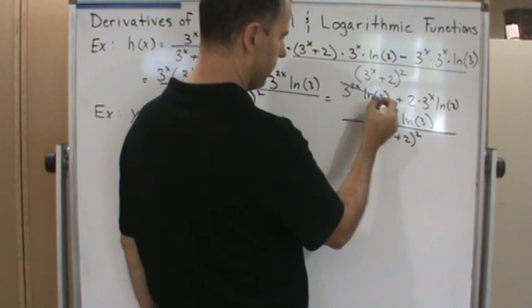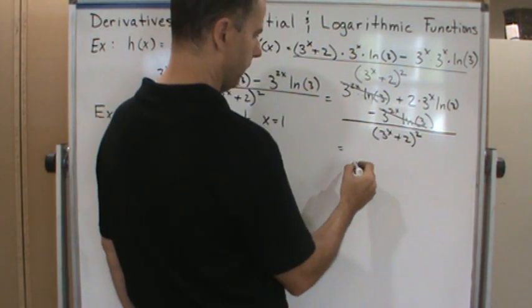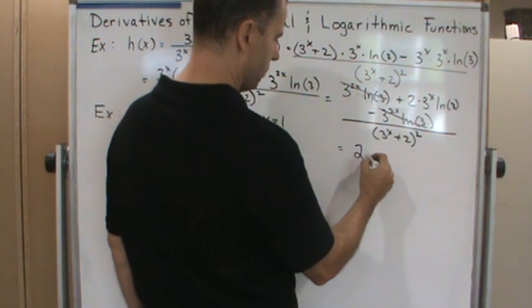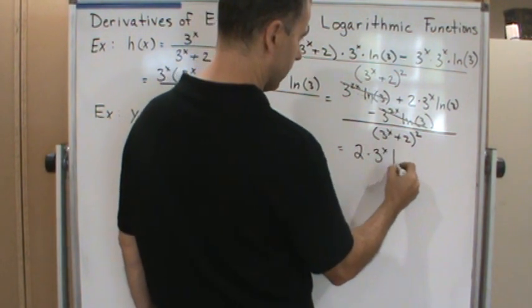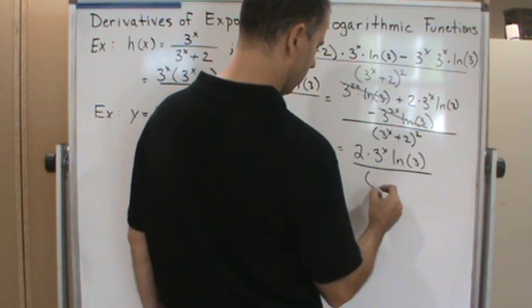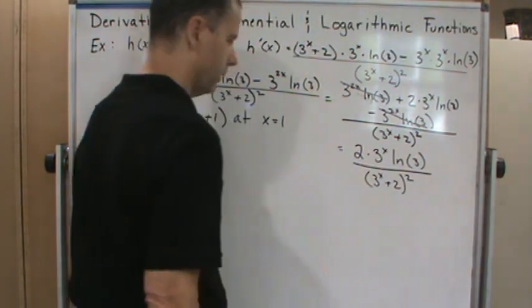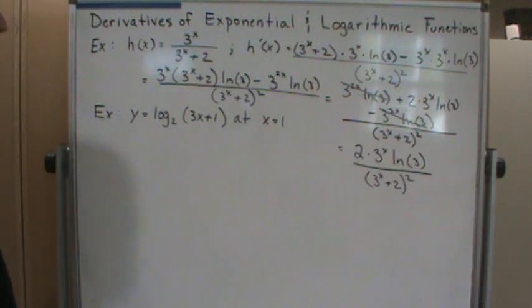So this cancels with this, and then we end up with 2 times 3 to the x natural log of 3 over 3 to the x plus 2 quantity squared. And that is it. Yeah, we can't simplify it any further. Okay, that's it.